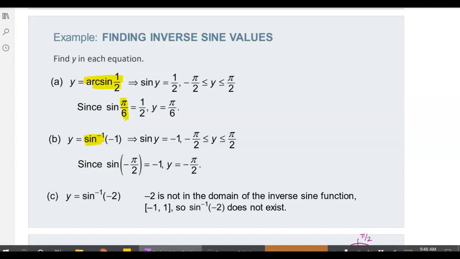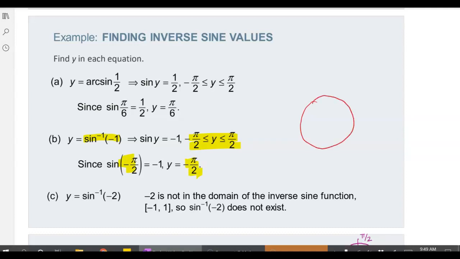For the second one, it's asking what angle has a sine of -1? Well, on our normal unit circle, that happens at 3pi/2, but because we're only considering values in between -pi/2 and pi/2, the answer that we're going to have is -pi/2.